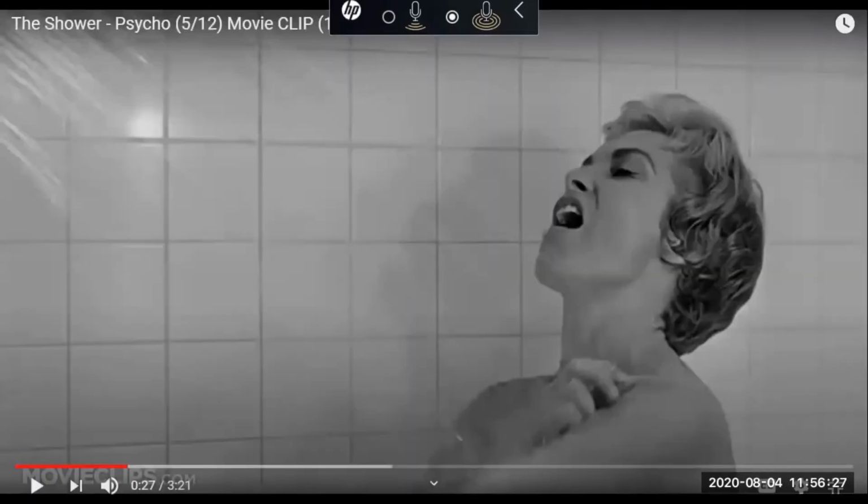You can see that this murder scene is not shot from her point of view, because if it was shot from her point of view, you would not be looking at her, right? So this murder scene is shot from the murderer's point of view, or Psycho's point of view. She's in the bathroom taking a bath, and the murderer is watching, right?